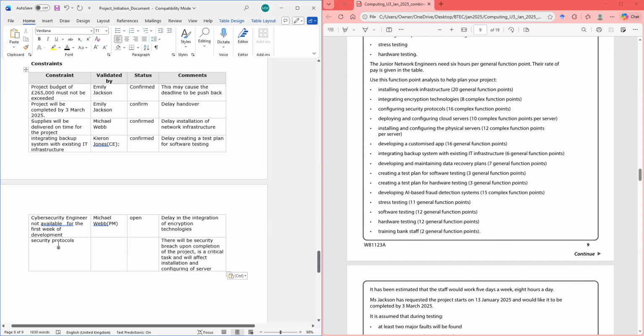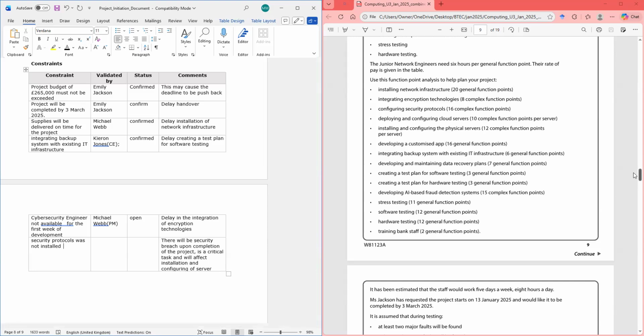So security protocol was not installed, right? So there would be a security breach upon completion of the project, right? It is also a critical task and will affect the installation and configuration of server.